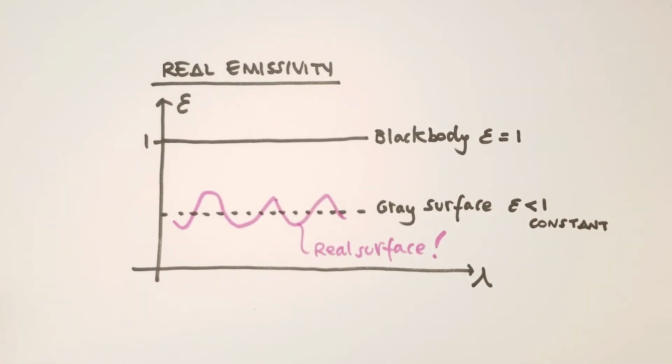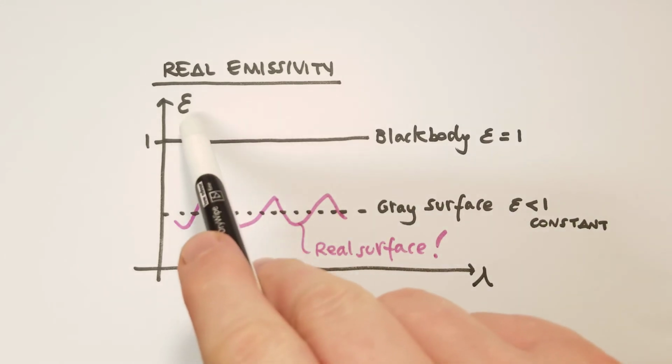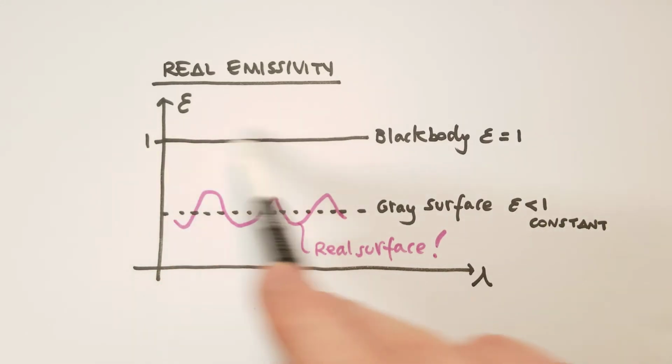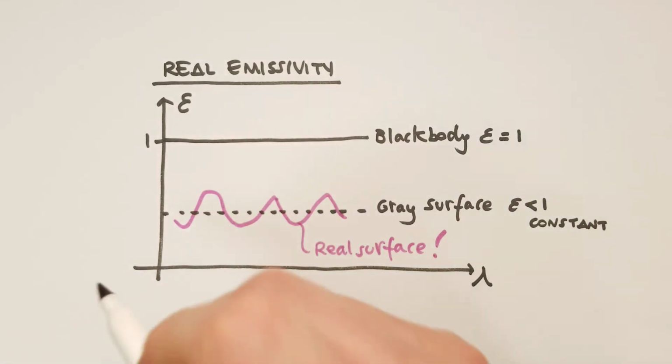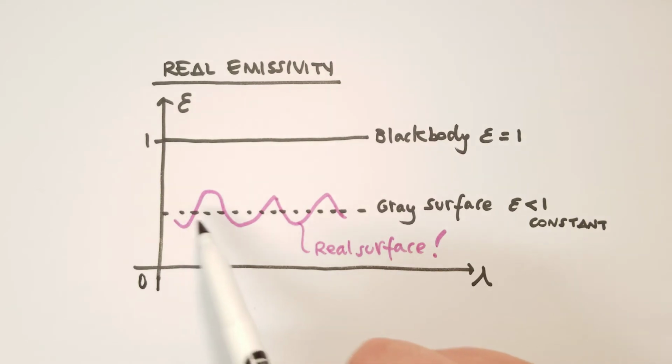So if we plot the emissivity of a real surface as a function of the wavelength, epsilon is equal to 1 for a black body, so just a straight line in this graph. The dashed line here instead is the emissivity smaller than 1 but constant, so it does not depend on lambda. So we have a gray surface.